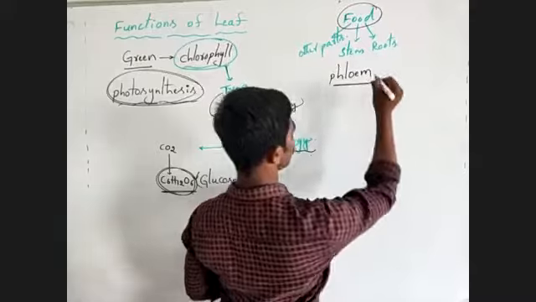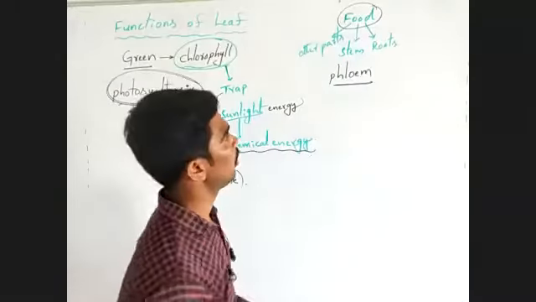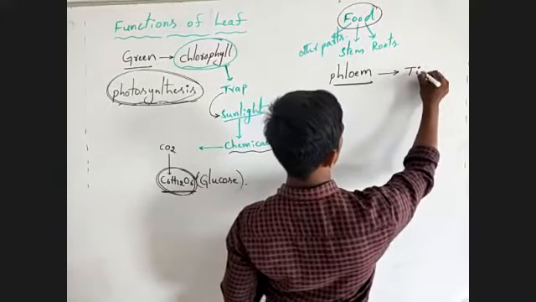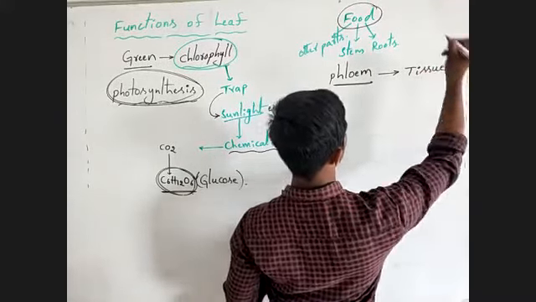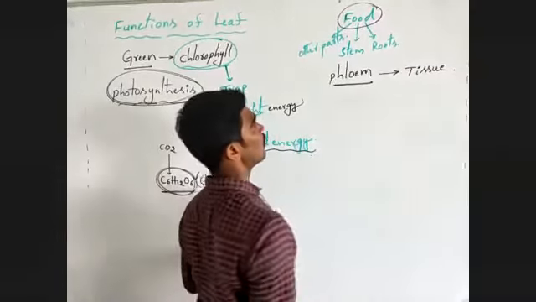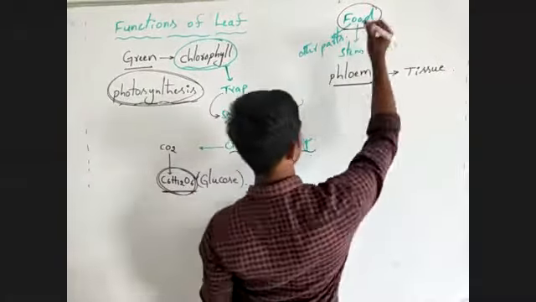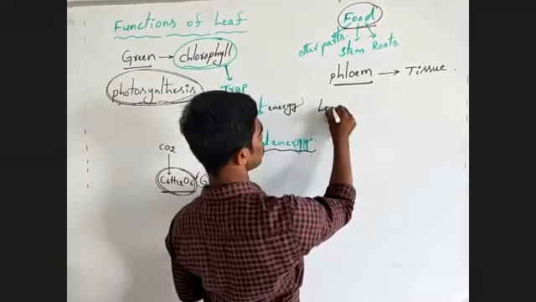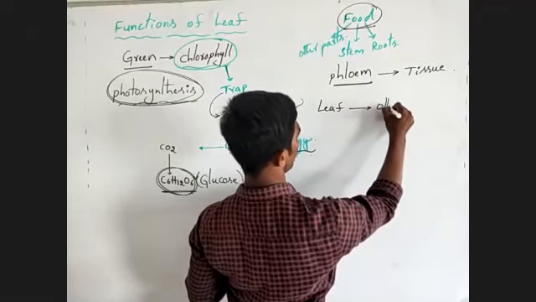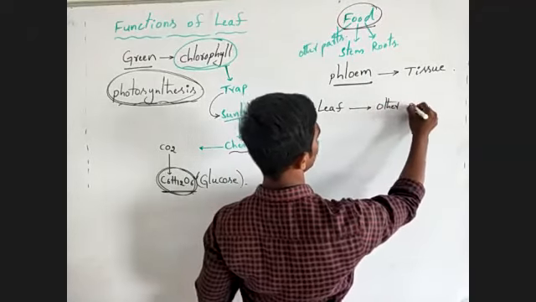Remember this new word for you. Phloem. This is one type of tissue. It transports the food material from leaf to other parts.